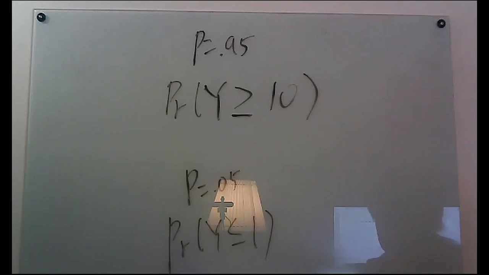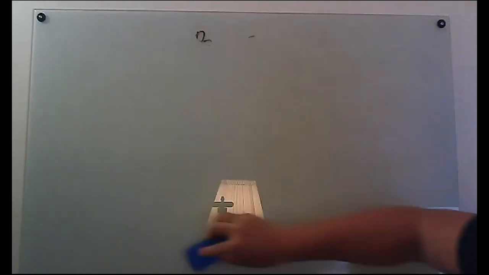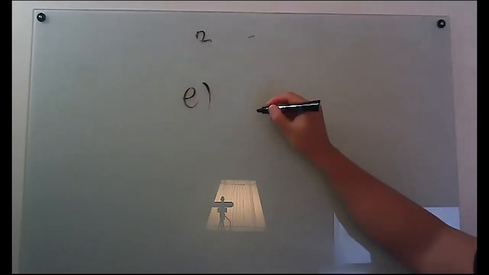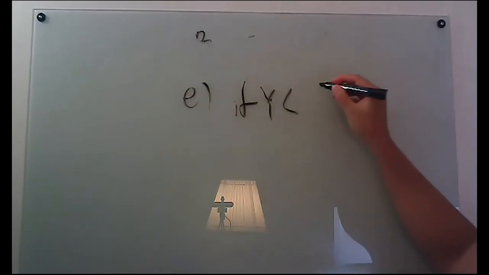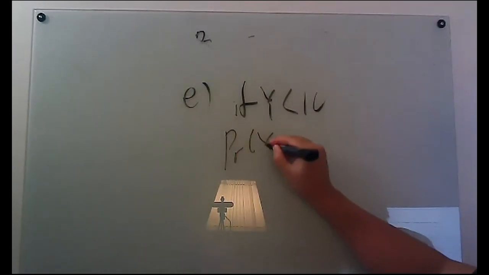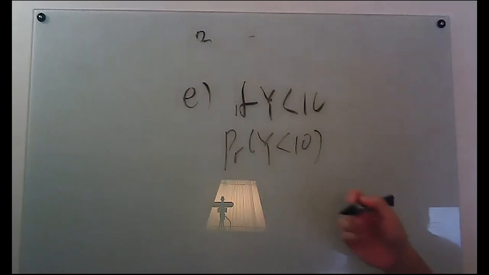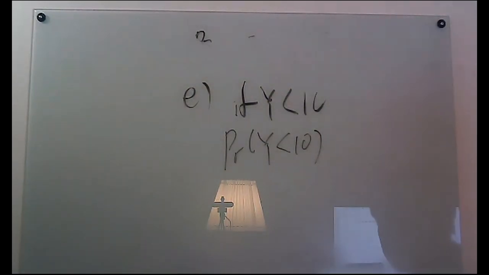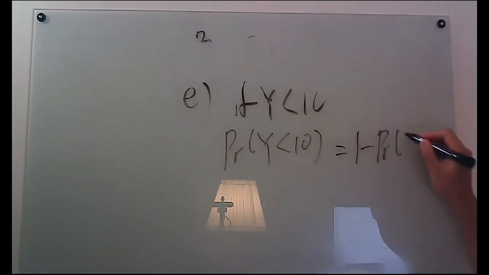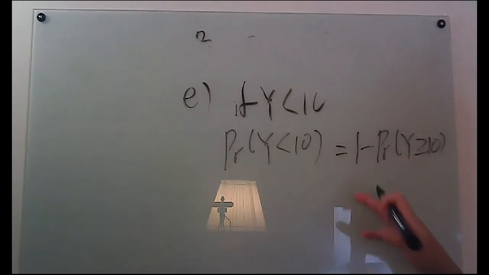Part E was: calculate the probability that there are not enough functioning headsets. When do you not have enough functioning headsets? Obviously, if Y is less than 10. That is the probability of Y less than 10, which is what you are looking for. In other words, this is 1 minus the probability of Y greater than or equal to 10, because the summation of probabilities is always 1.